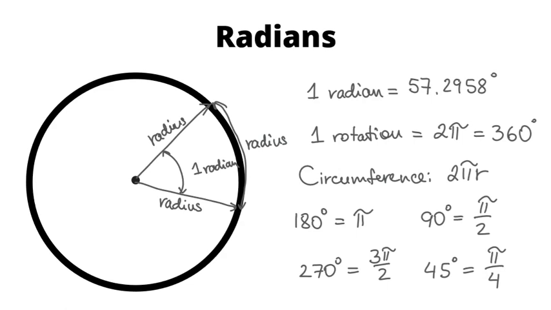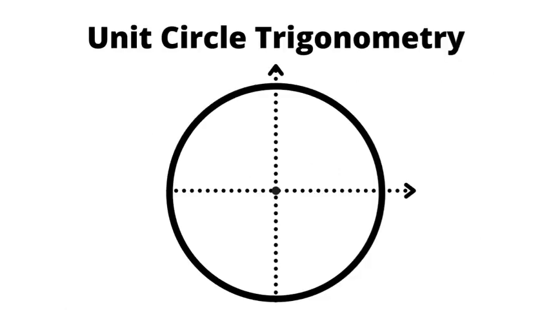0 will be 0 because it's at the start. At the start of what, you might ask? Well, you can place your unit circle on a Cartesian plane. On a Cartesian plane, there will be a terminal arm, and when it's in a standard position, it rotates around the circle counterclockwise to form positive angles and clockwise to form negative angles.